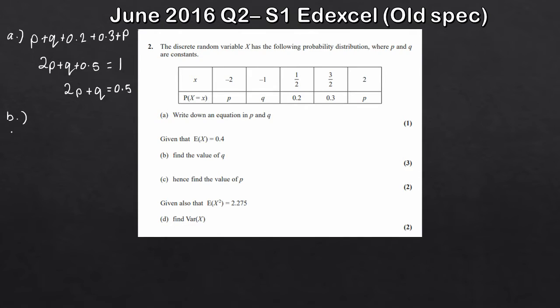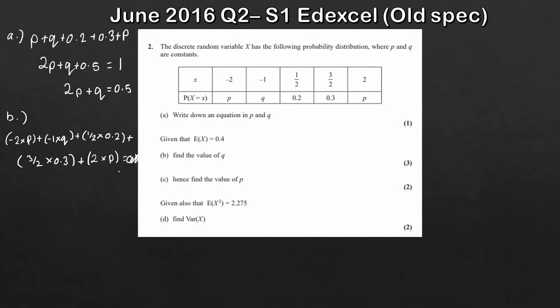So that would be minus 2 times p, plus minus 1 times q, plus a half times 0.2, plus 3 over 2 times 0.3, plus 2 times p. Okay, so this is my expectation of x, and all of this should be equal to 0.4.